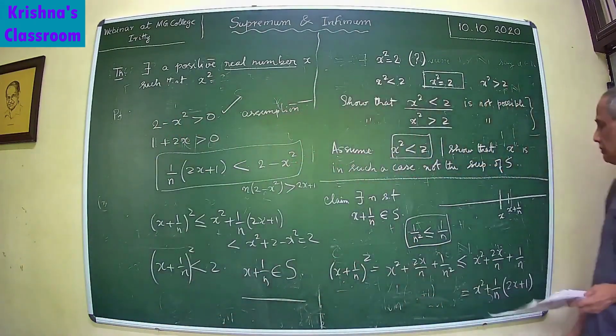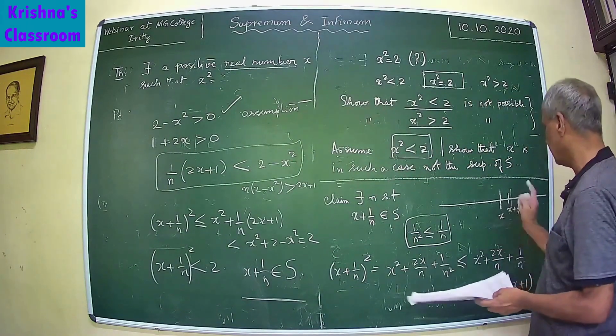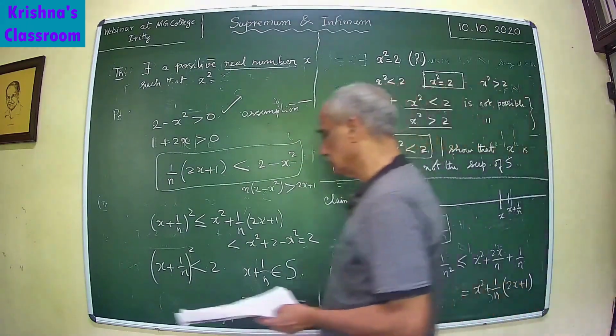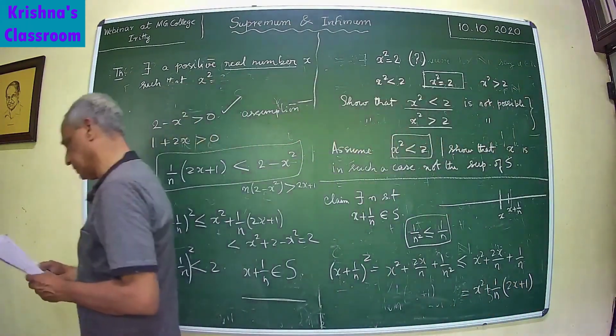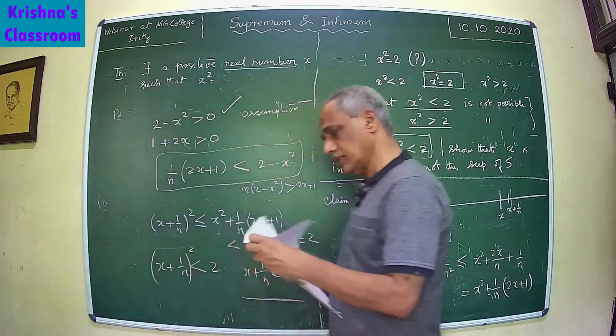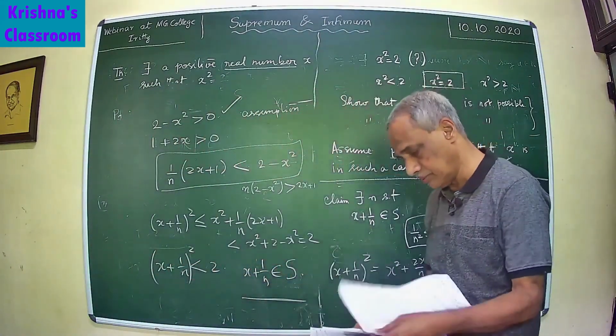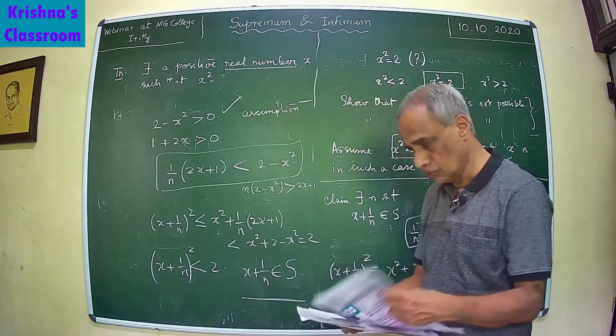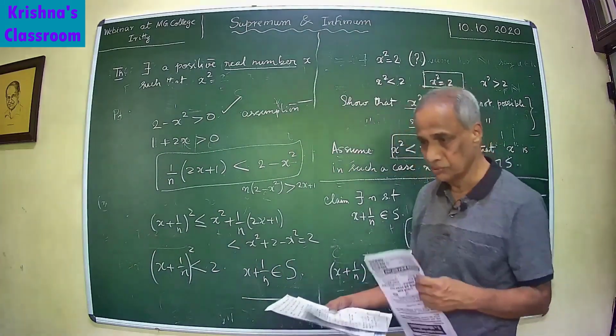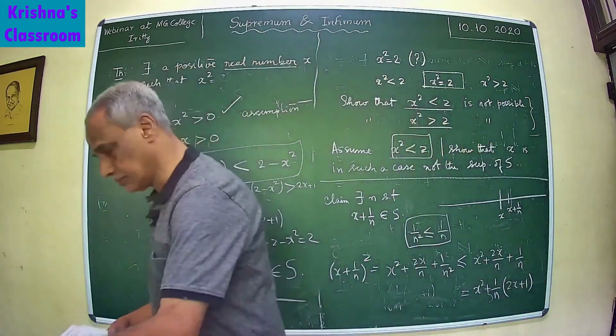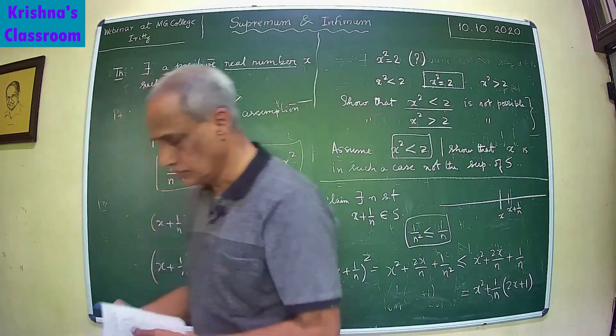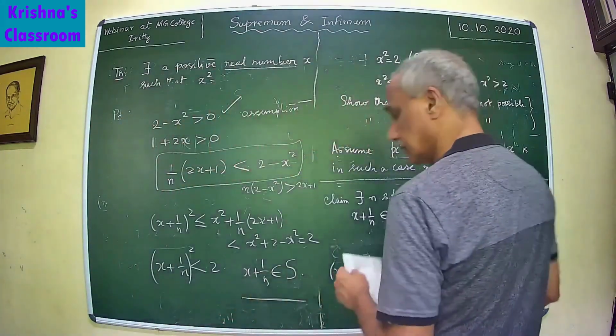Since x plus 1 by n belongs to S, you see that x cannot be the supremum. So that's a contradiction. A similar manipulation would give you the other result also, namely when we assume x square is greater than 2.